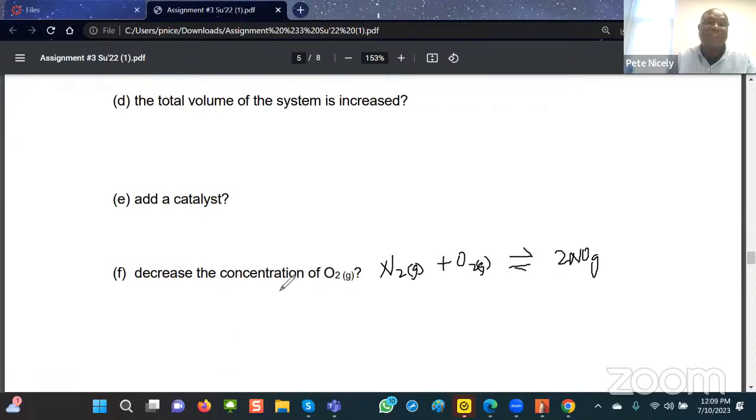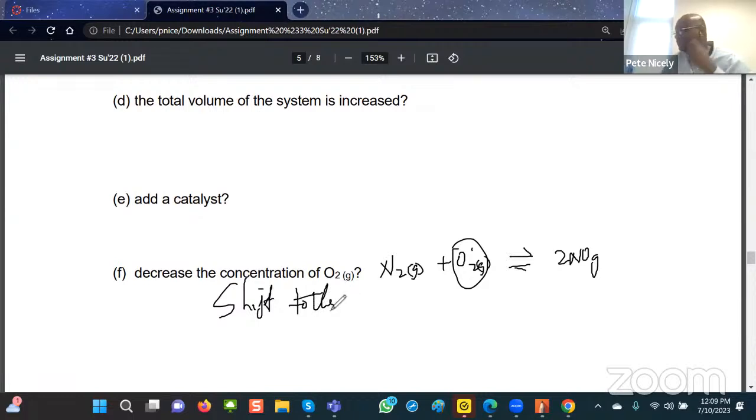All right. So what if you all of a sudden decrease the concentration of O2? Which direction will the reaction shift? To the left or to the right?